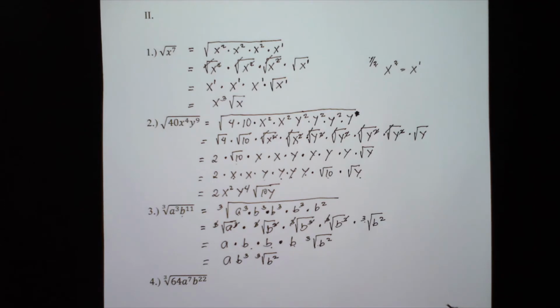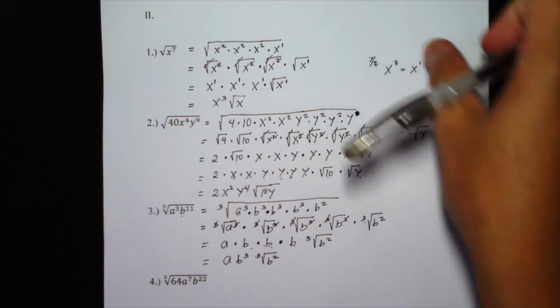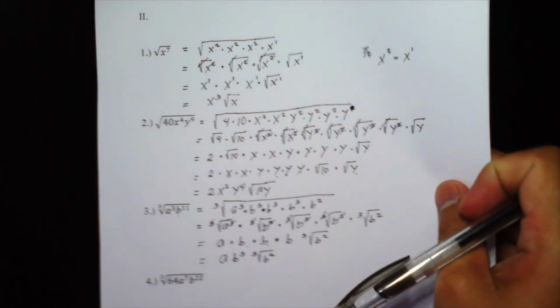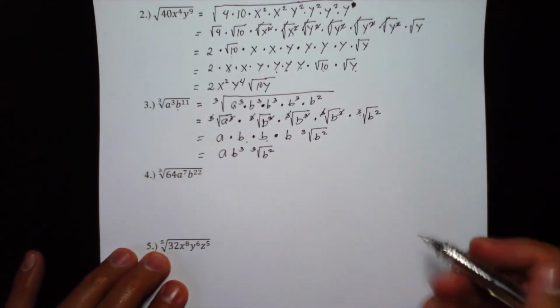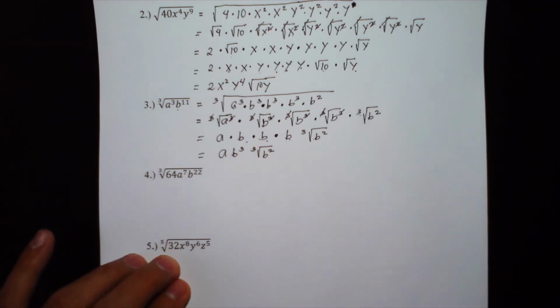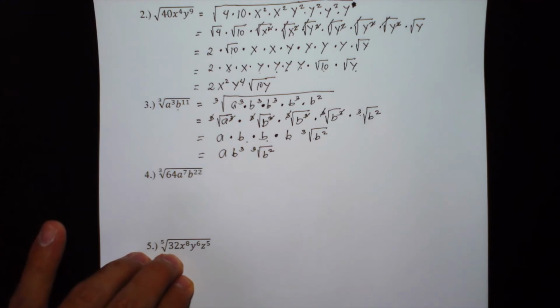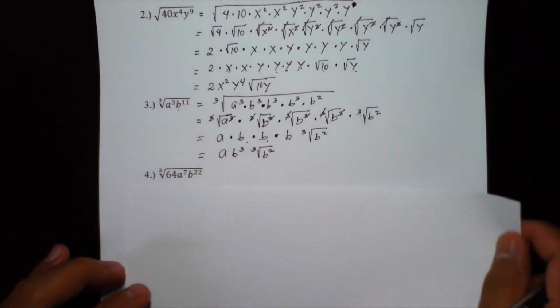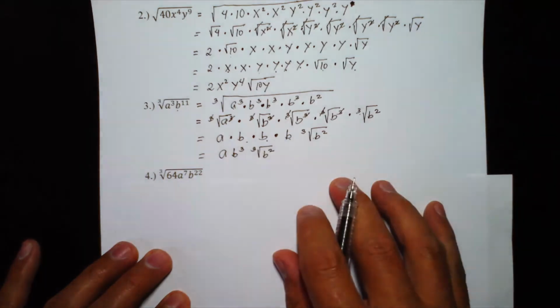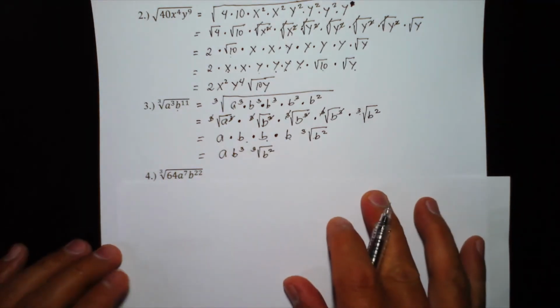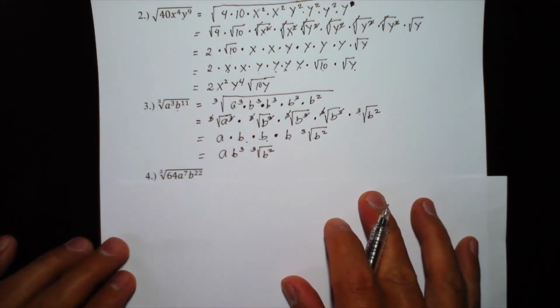Okay, may we have example number 4. I will use another page so that you will see how to simplify this one, because I think it creates a long solution.